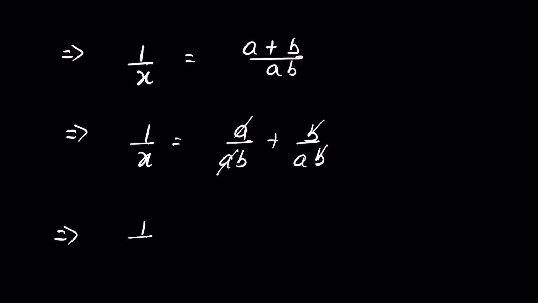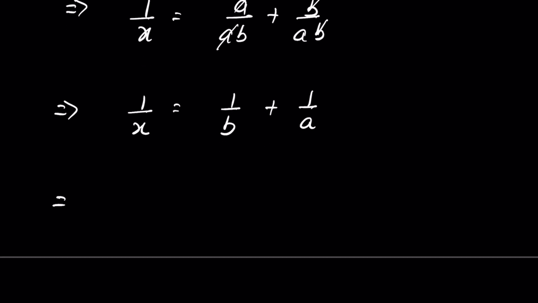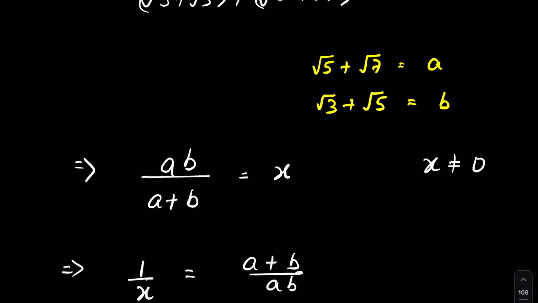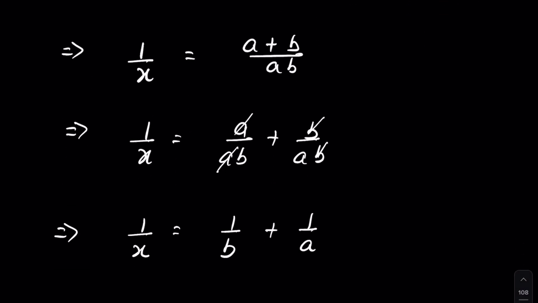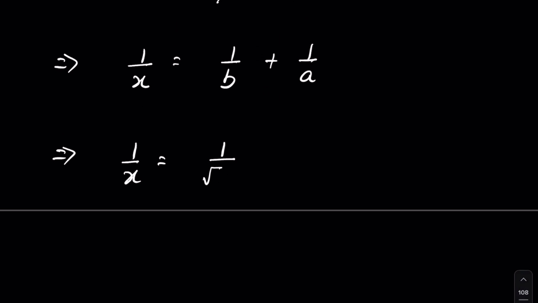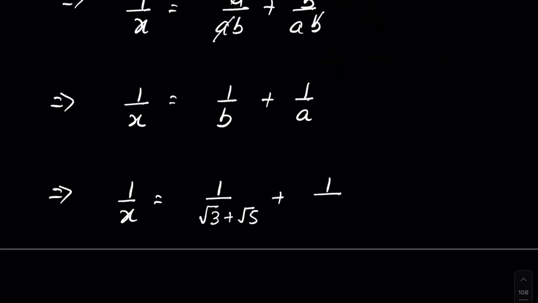So 1 upon x is equal to 1 upon b plus 1 upon a, or 1 upon x is equal to 1 upon b. Here b is square root of 3 plus square root of 5, plus 1 upon a, which is square root of 5 plus square root of 7.